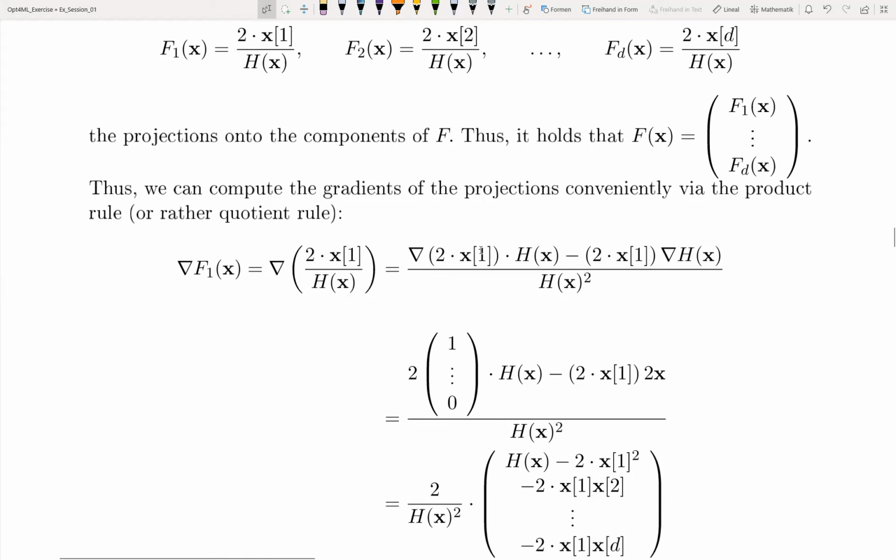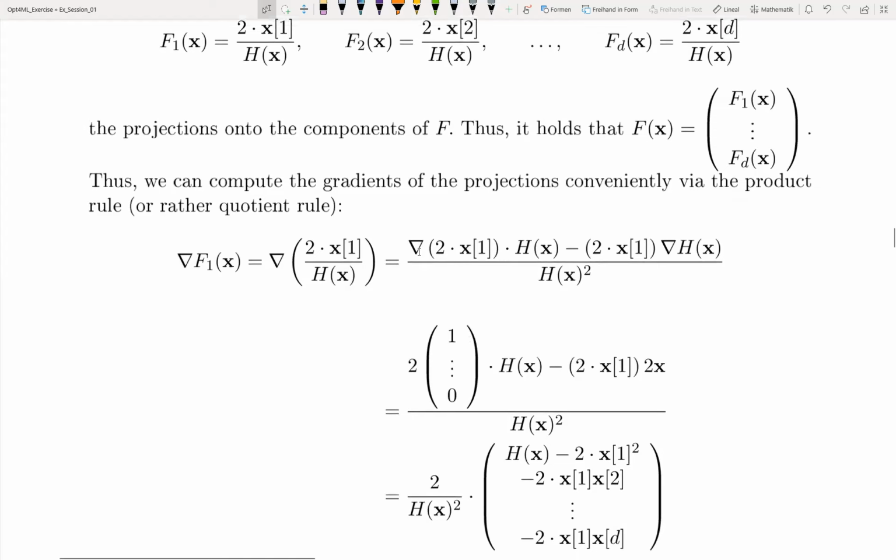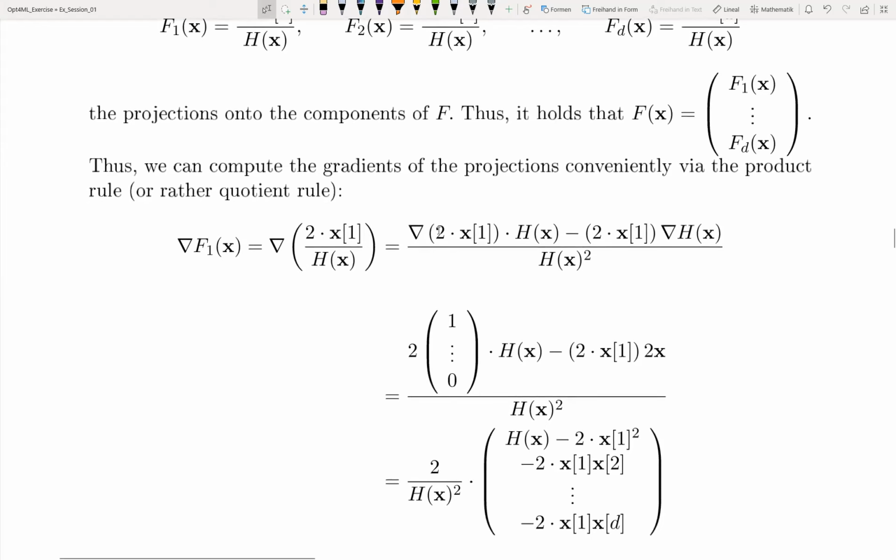We can apply the quotient rule. So again, recalling the quotient rule, we have in the numerator the gradient of the first function, which is 2 times x1, multiplied with the function in the denominator, h of x, minus the first function, so the numerator function as it is, times the gradient of the denominator function, and then everything divided by the denominator function squared.